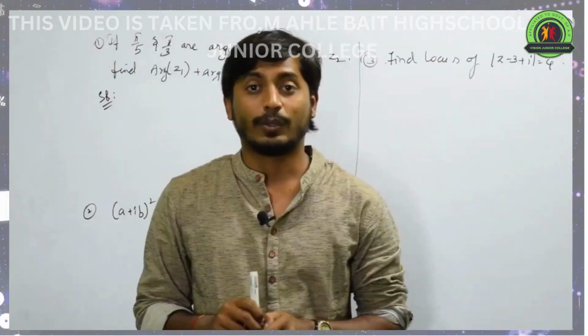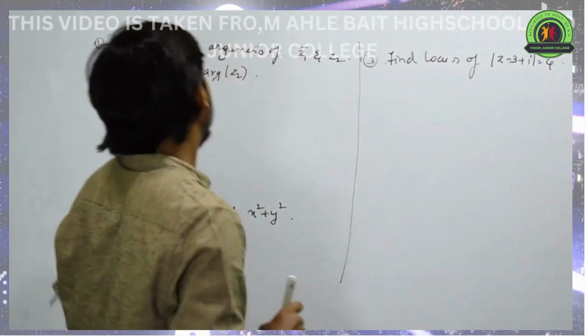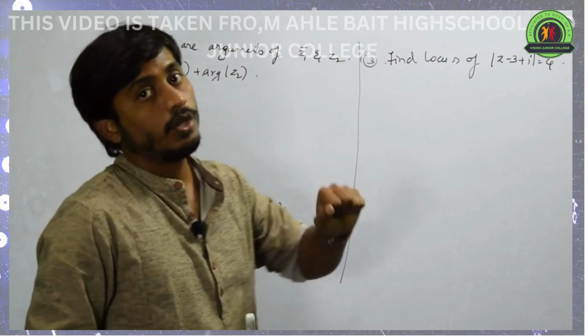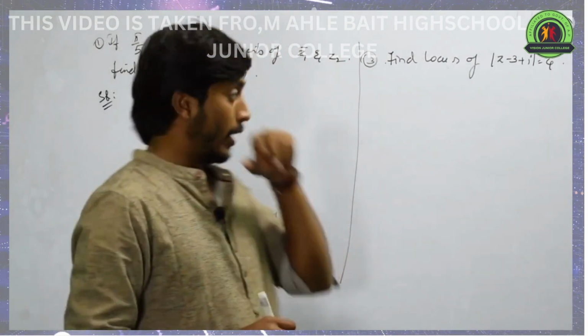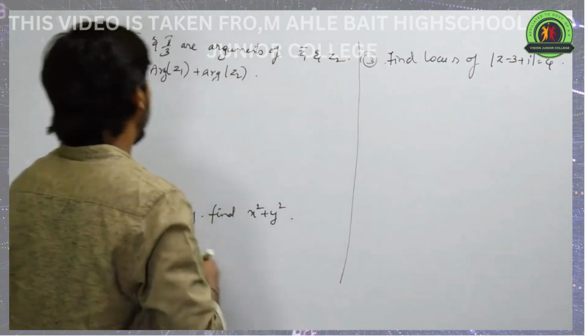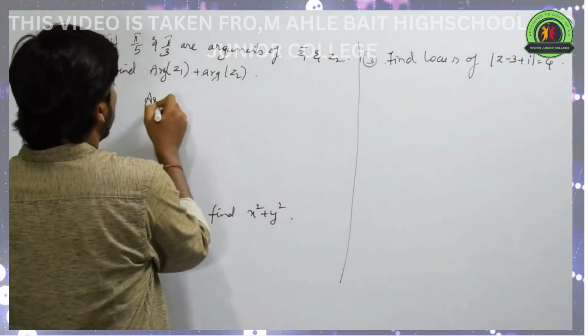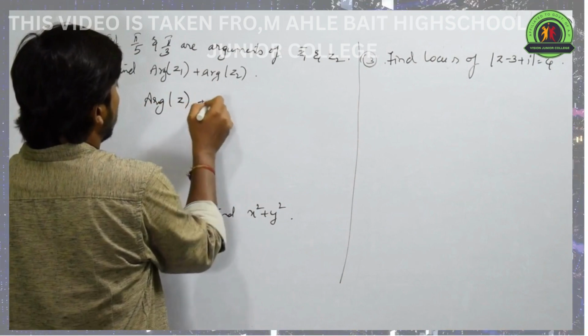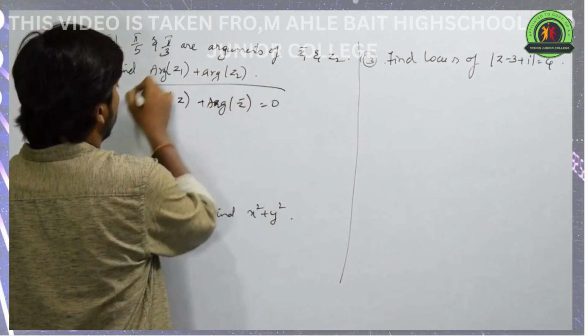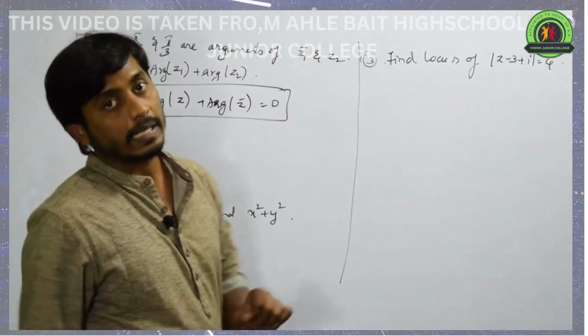Let us look at the next question here. Here he is telling that pi by 5 and pi by 3 are the arguments of z1 bar and z2. So how do we find the argument of z1 plus z2? Just tell me. The thing you have to remember is that argument of z plus argument of z bar is always equal to 0. Clear?